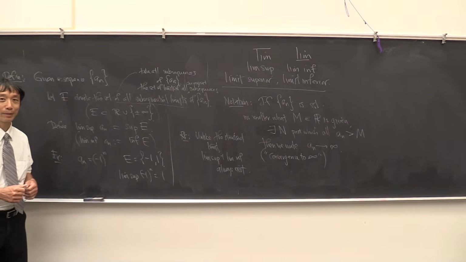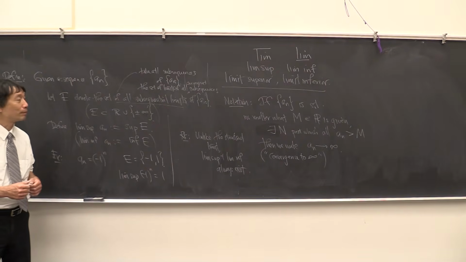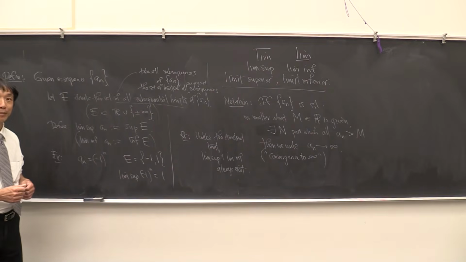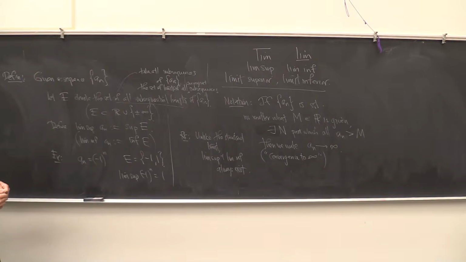Well, since E is in the extended real numbers, the supremum and infimum will always exist. So the only question would be if it's empty. But I think even then we would call that infinity. So even though the sequence might diverge, something will either be periodic so that we can get a convergent subsequence from it, or explode off to infinity, which would still count.